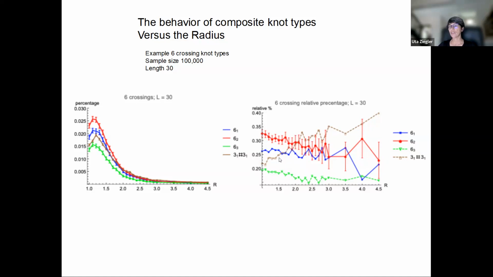These 4 values at 1.5 add up to 1. The interesting part to note is that the composite knots decrease. They change from where they start to where they end up a lot more strongly than all the other knots. The red marks are just error bars.